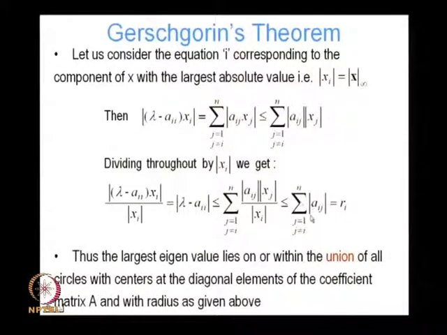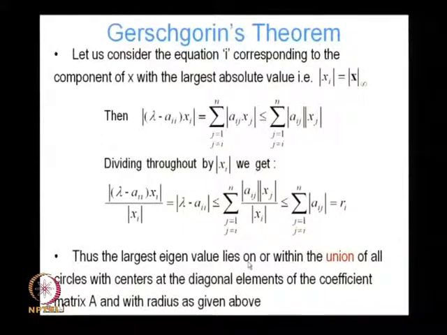So this is going to be less than mod of aij, which is equal to ri. So for the row which corresponds to the largest absolute value of x, this is true. This is true for that row.